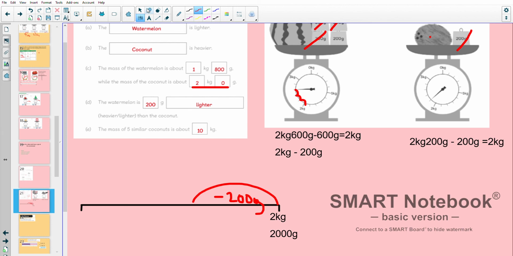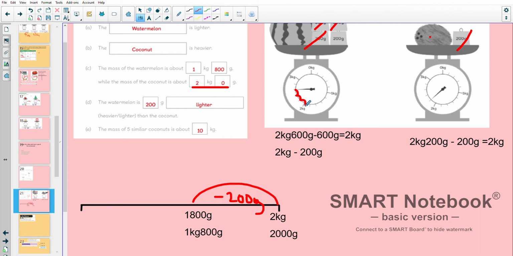I think it's easier thinking about 2,000 grams take away 200 grams because it's then the same unit. 2,000 take away 200 is going to be 1,800 grams, which is the same as 1 kilogram, 800 grams.